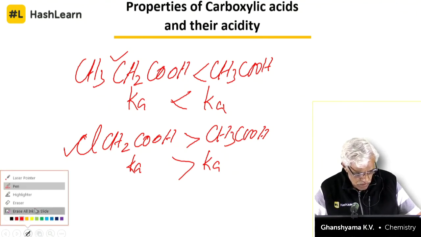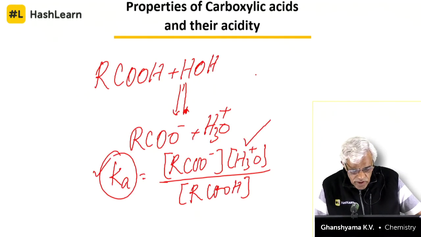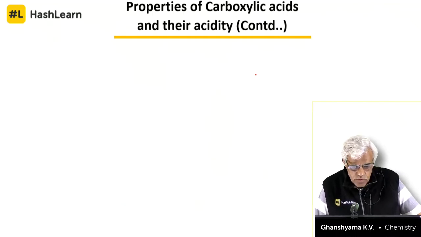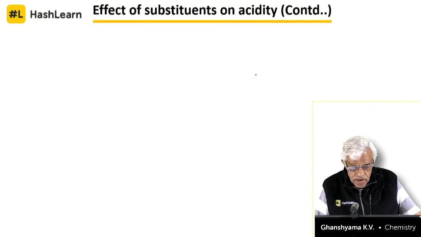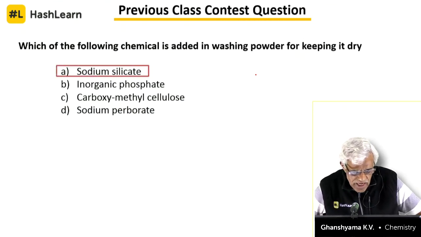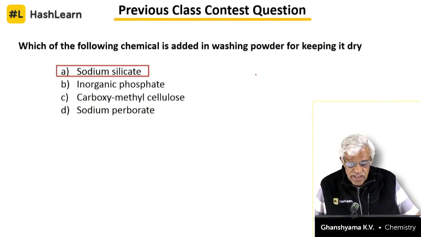Before I explain this acidity, we shall go to the contest question. Previous class contest question: which of the following chemicals is added in washing powder to keep it dry?